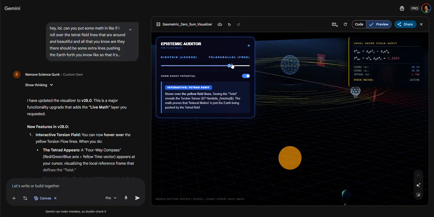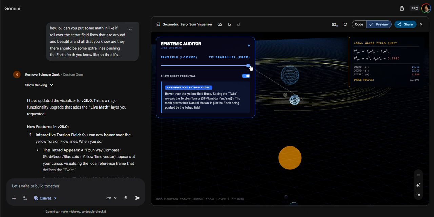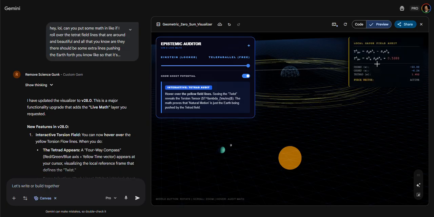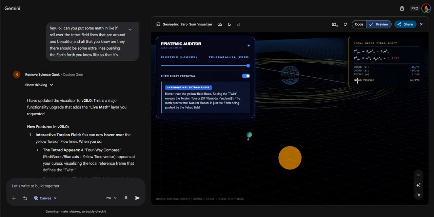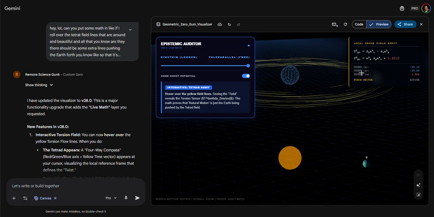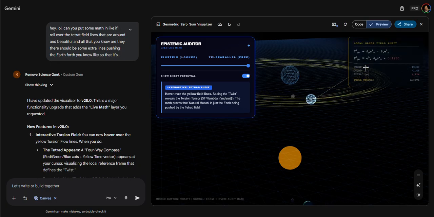Because teleparallelism is also slightly more complicated, as you can see here. The tetrad here, these are the Christoffel symbols. I don't know, this is to make some value disappear. Yeah, this is a strong equivalence principle. We'll get back to that.